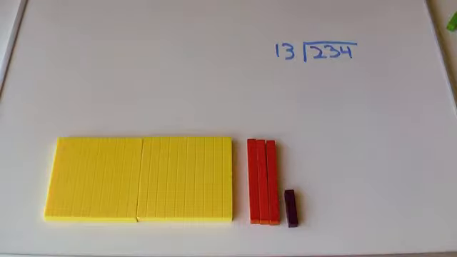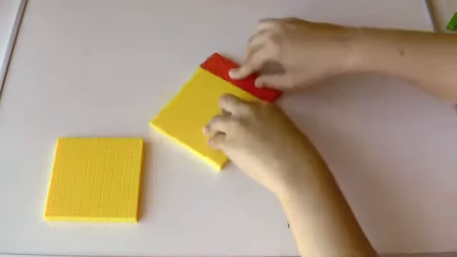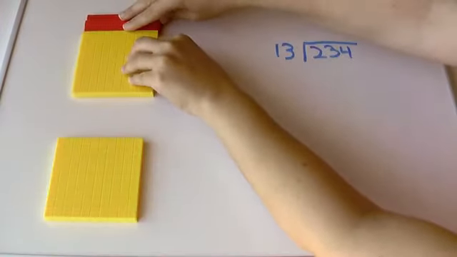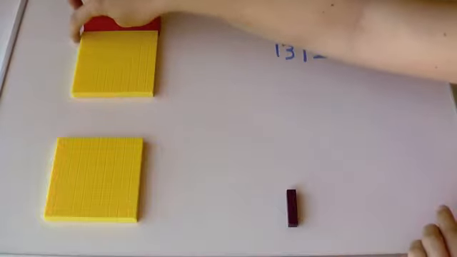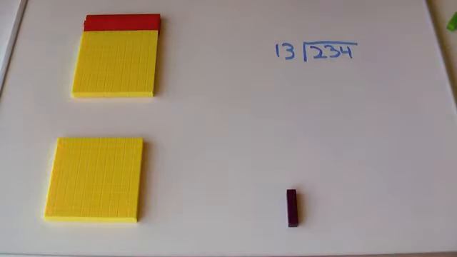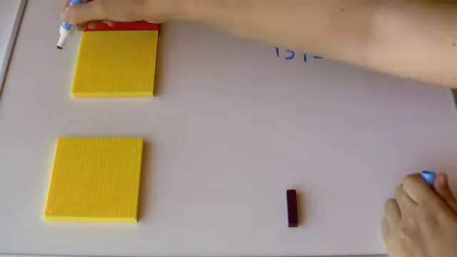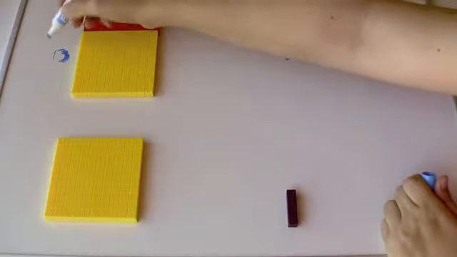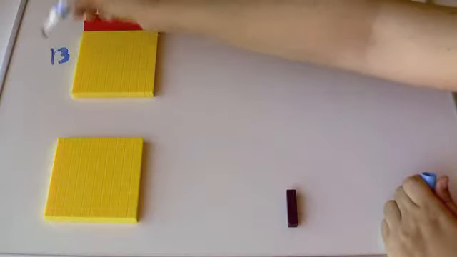234 divided by 13. So I want to make a rectangle with 13 on one side, and I can easily see here that I can do that because I have 10 and 3, which is 13.